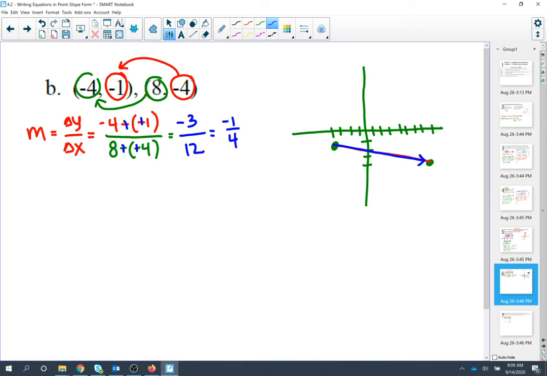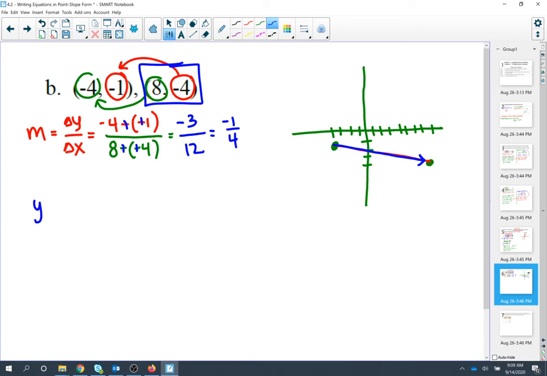Now, point slope form. We've got (-4, -1), and we've got (8, -4). Again, it does not matter which one you pick. I personally am going to pick (8, -4) because this one has 2 negative numbers, this one only has 1 negative number, and I really don't like dealing with negative numbers if I don't have to.